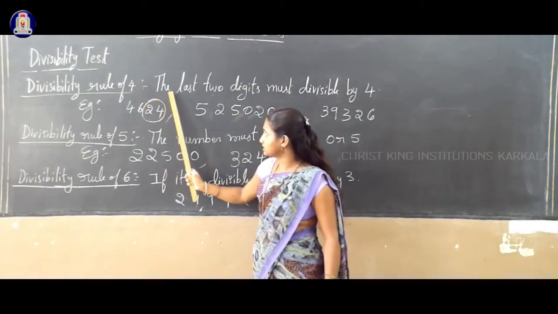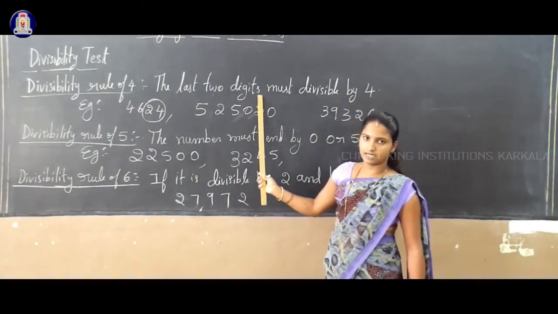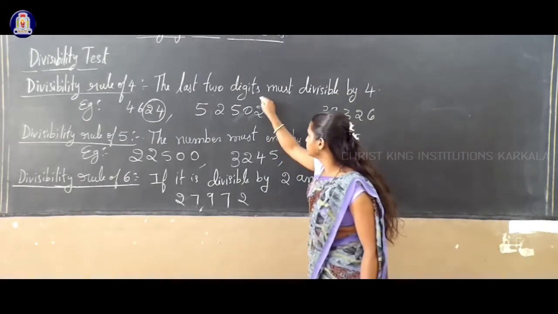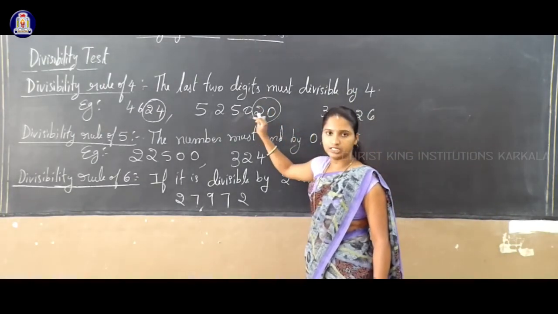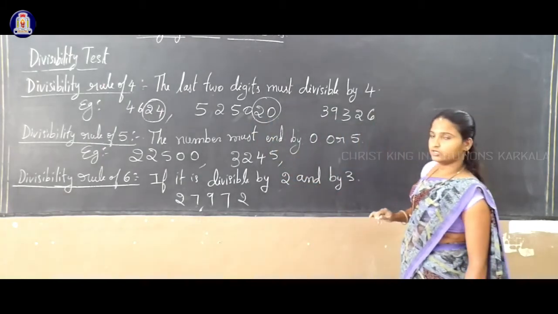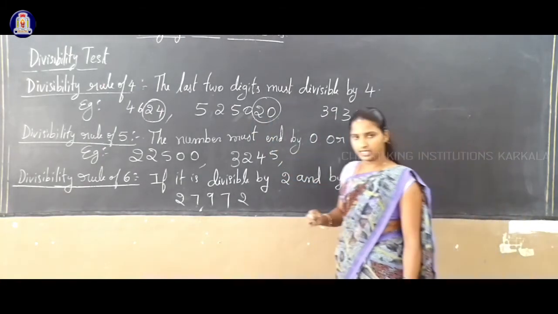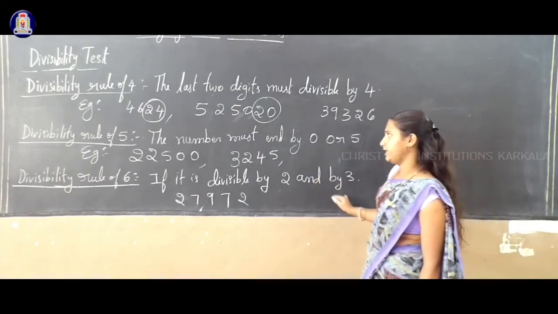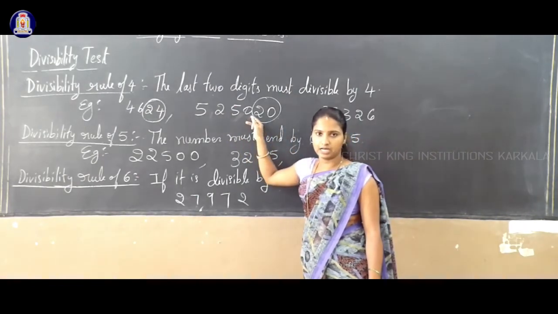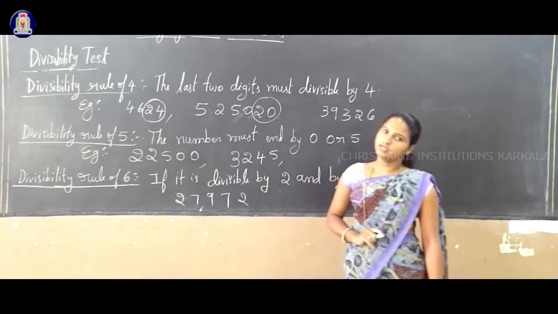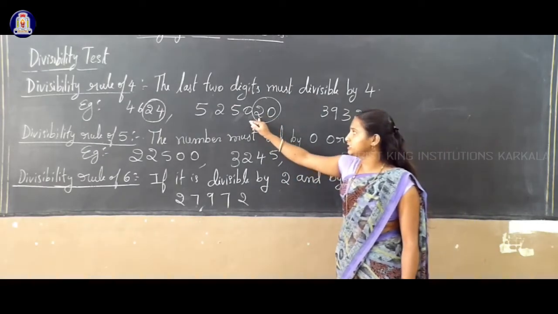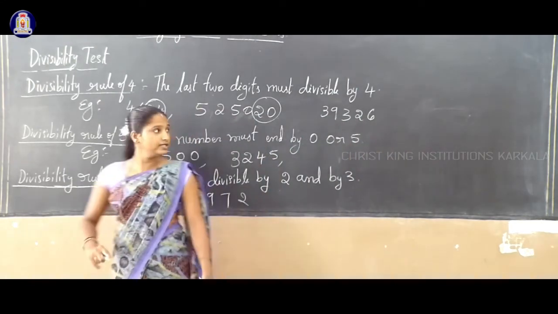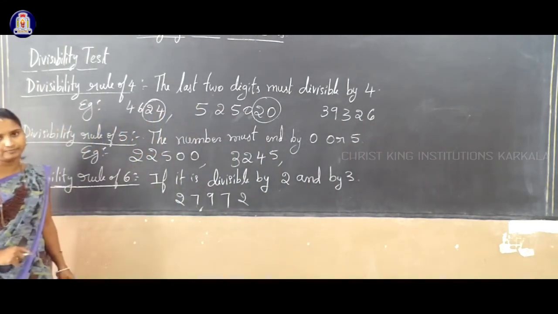The divisibility rule of 4 says that the last two digits must be divisible by 4. The last two digits are 20. 4 divides 20. 4 fives are 20. So this number is divisible by 4 because the last two digits are divisible by 4.